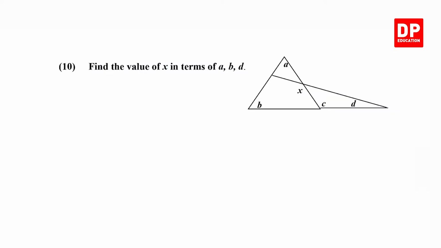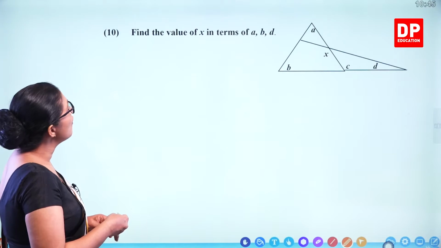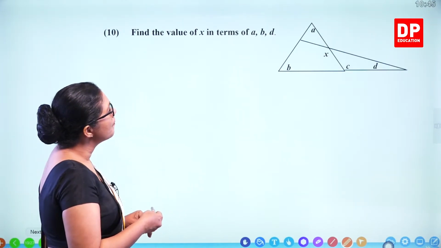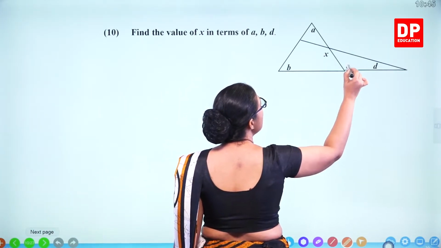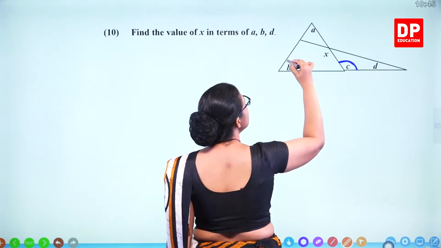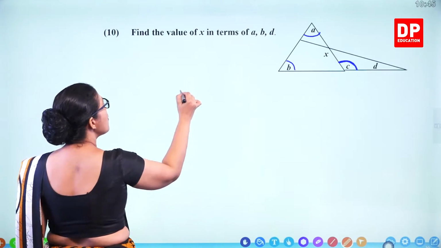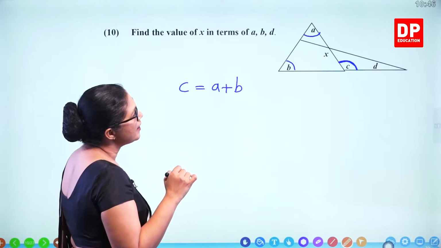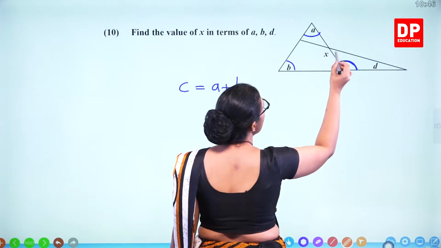Question number 10. Find the value of x in terms of A, B, D. So how do you find the x value? Look carefully. Can you see this is a straight line? This exterior angle is the sum of the interior opposite angles. So C you can write as A plus B. What else can you write? And then x is here, this angle.